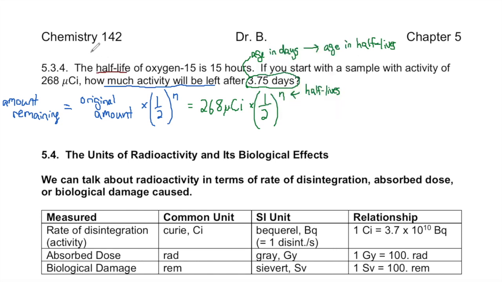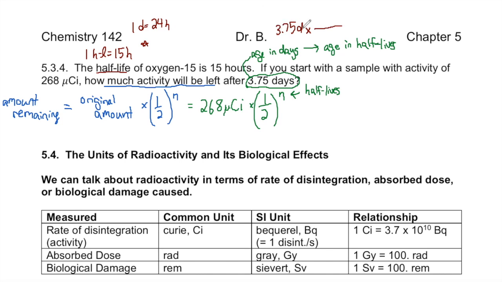We were told that 1 half-life is 15 hours. Our age in days that we're trying to convert is 3.75 days. And we need to convert that to half-lives. We know the hours for the half-life, so let's go ahead and convert days into hours. So 1 day is 24 hours.